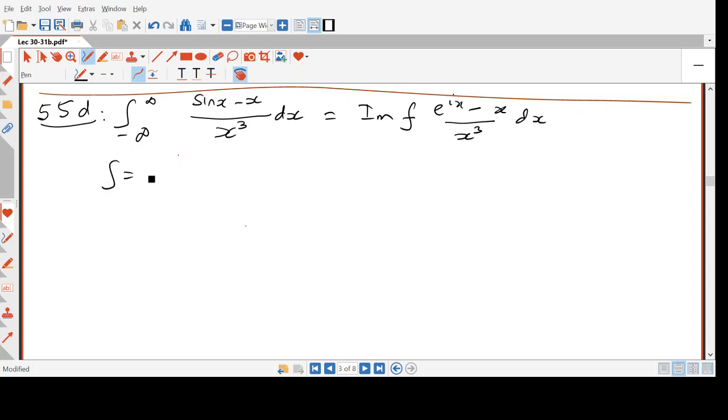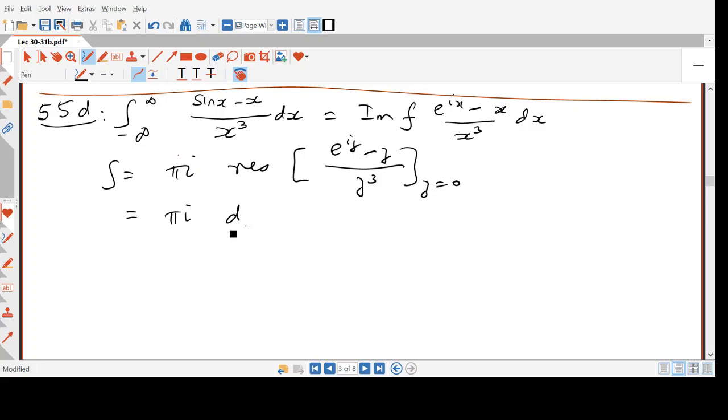The integral works out to pi i times the residue of (e to the iz minus z) over z cubed at z equals naught. How do you do the residue when z equals naught is a repeated pole? So we have a trick. We have to differentiate this twice.